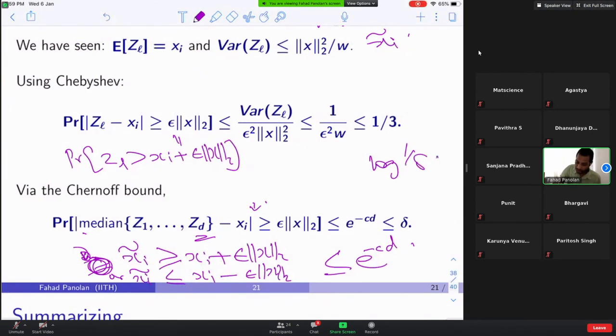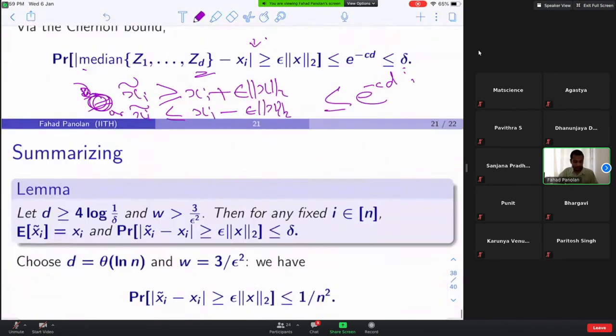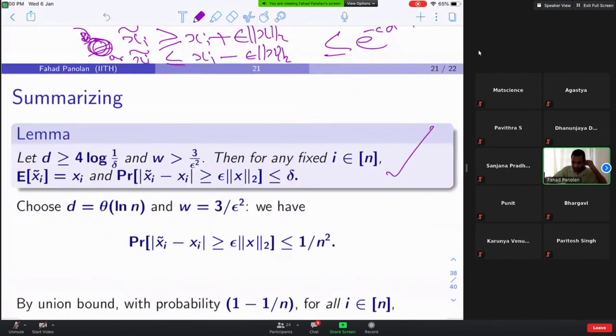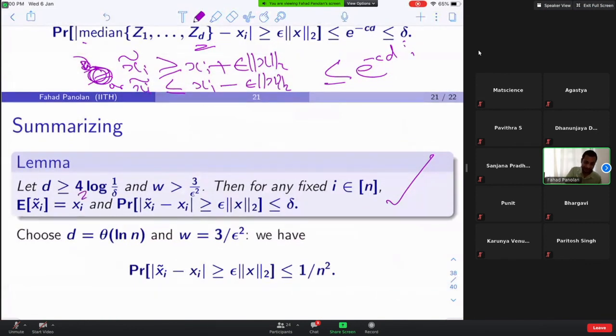The number of estimates you can take is log 1/delta times, say, 1/c. Suppose you substitute d equal to this much. What you will get is this to be at most delta. Because of that, what we have proved is this. So that constant is actually 4. That's what is written here.